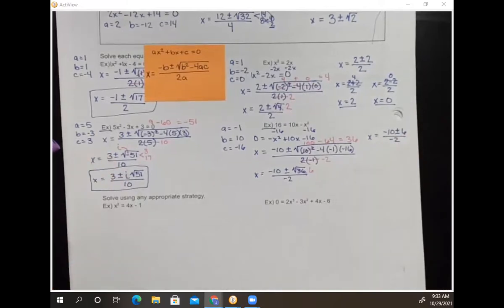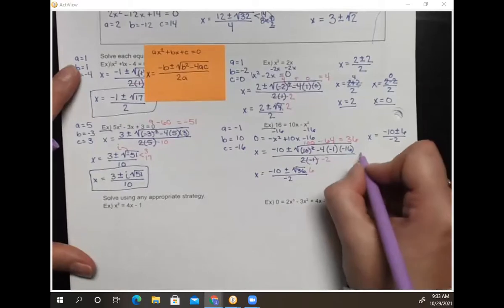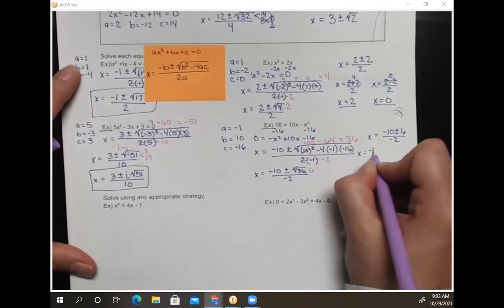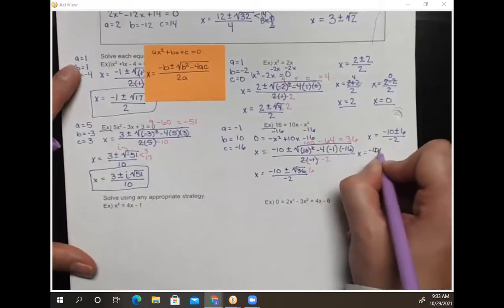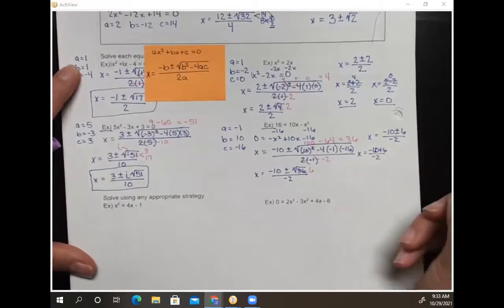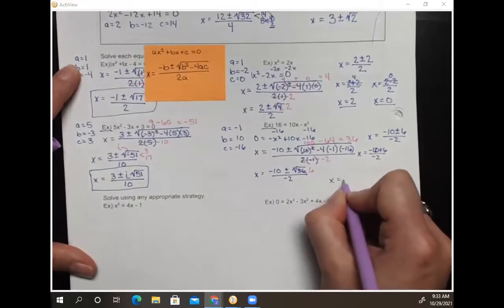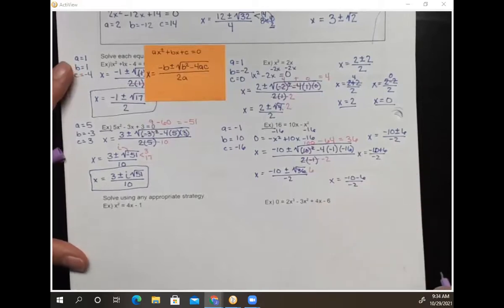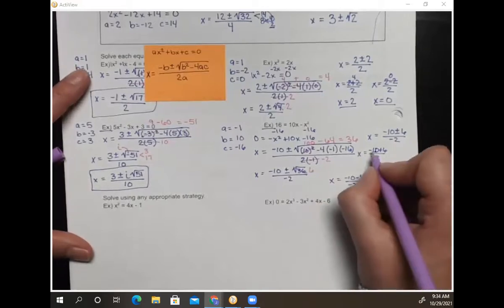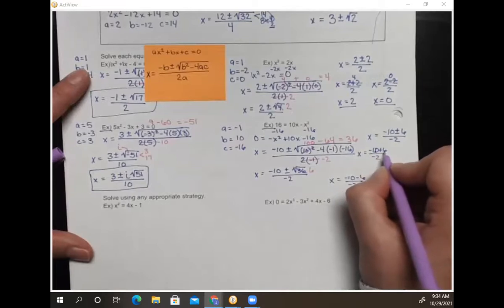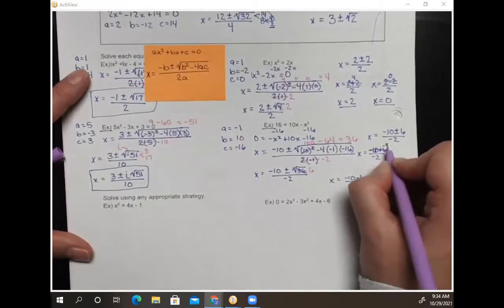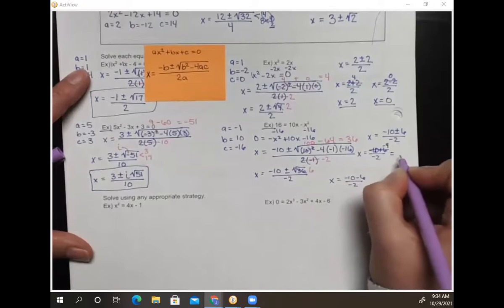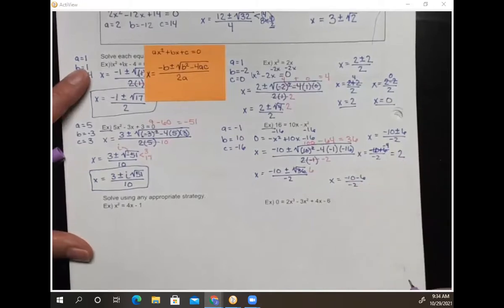Since this has simplified down to integers that I can work with, I'm going to split it up and simplify completely. So I have x equals -10 plus 6 over -2, and x equals -10 minus 6 over -2. On top here, -10 plus 6 would be -4. -4 divided by -2 is +2.